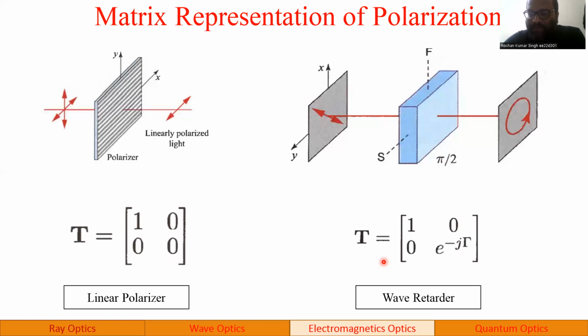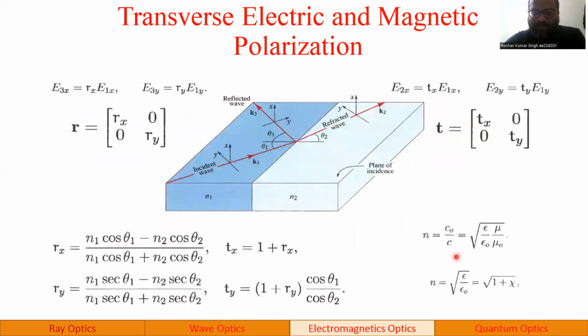It depends on whether it converts linear into circular or circular into linear, or circular to the right, circular to left, or left to right. In this matrix we induce some phase that can change the input polarization.